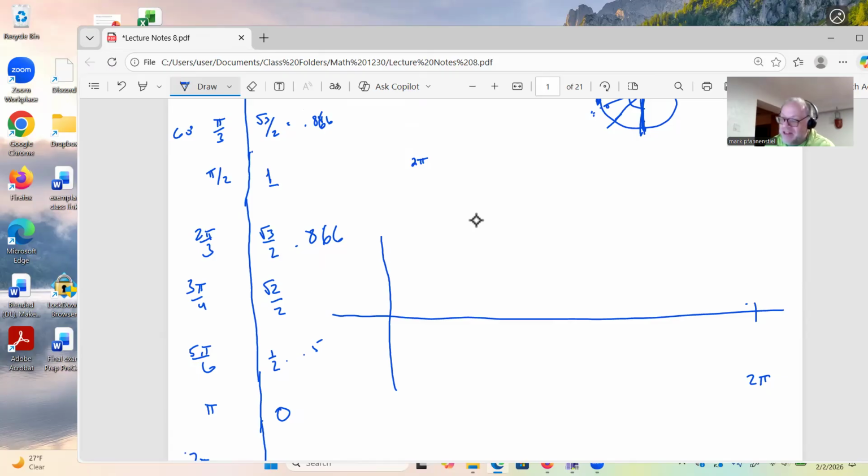So one of the things you could do with a graph is you look at the domain, and technically the domain for sine and cosine is all real numbers. But since we usually focus on one revolution, we're going to go from 0 to 2 pi. Let's make that the last number we care about so we can draw a pretty picture. Now, half of 2 pi is 1 pi.